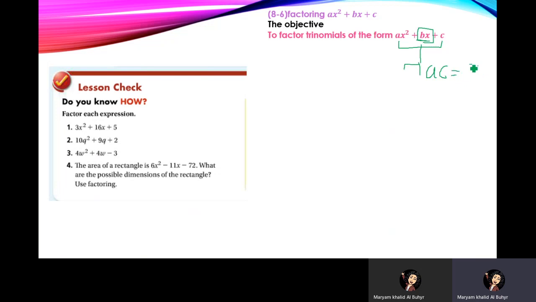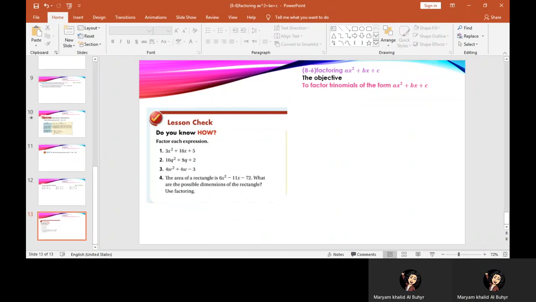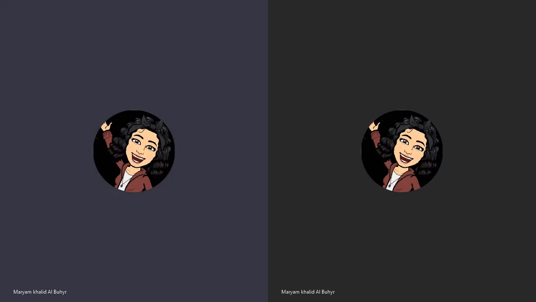Then think about two numbers: once you multiply them, they will give you this value, and once you add them, you will get the value that you have here, which is b. So this is the basic idea. Now let me move with you to the next lesson.